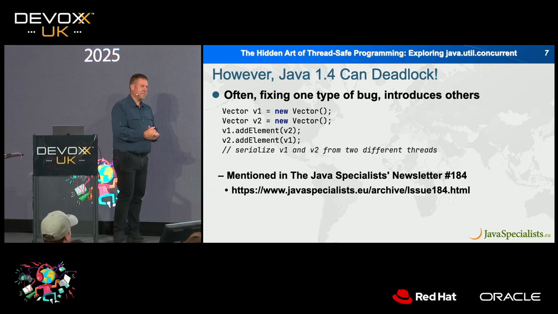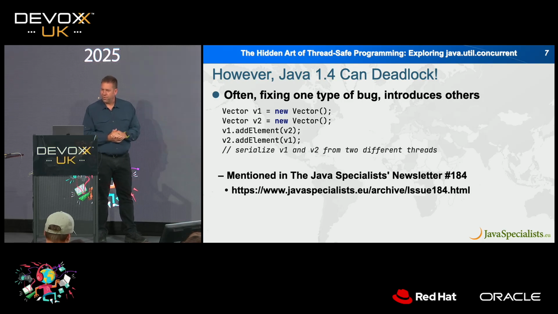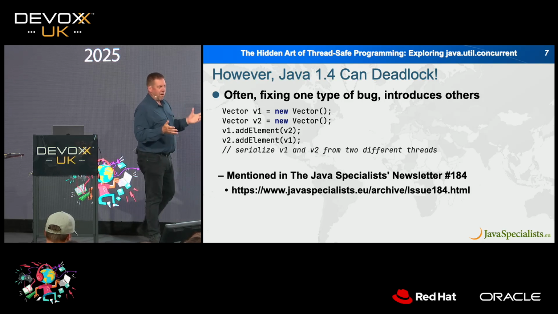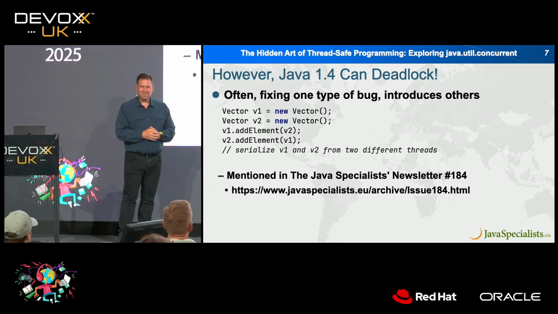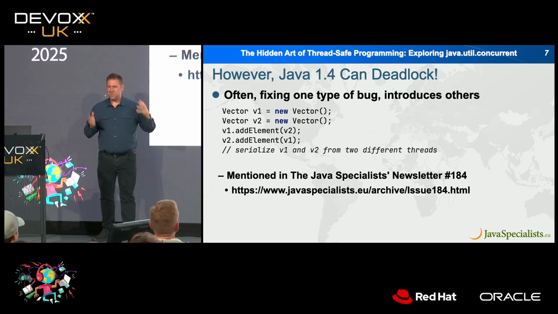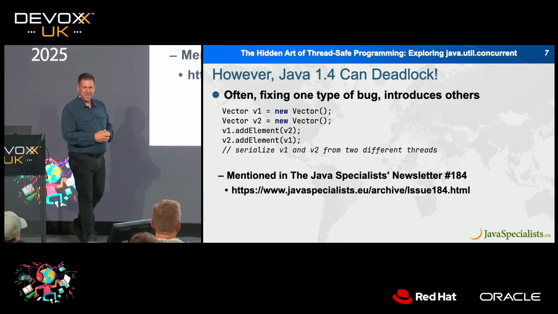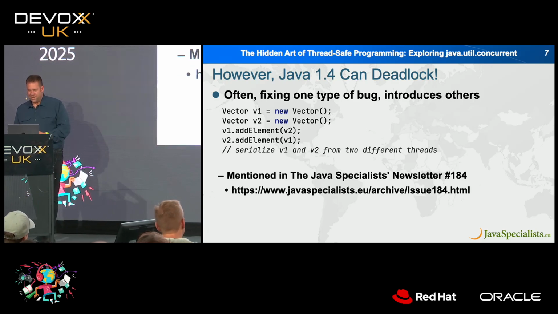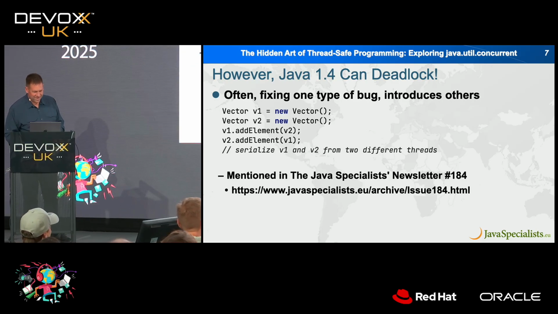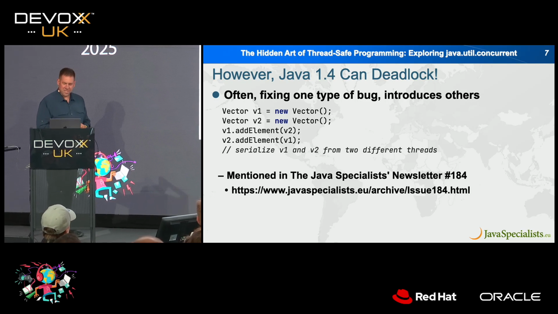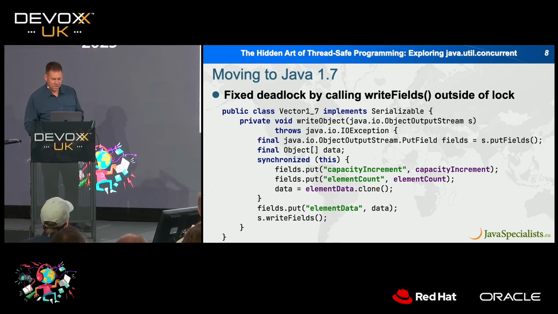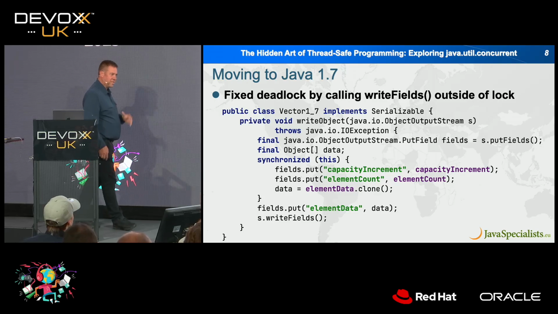I wrote about this a long time ago in newsletter 184, but my comment was this will never happen in the real world, because no one's going to be so stupid to have two vectors pointed to each other and then try and serialize them at the same time. I was wrong. Somebody did actually have that use case, and they fixed it in the IBM version, and that change eventually got into Java 1.7.